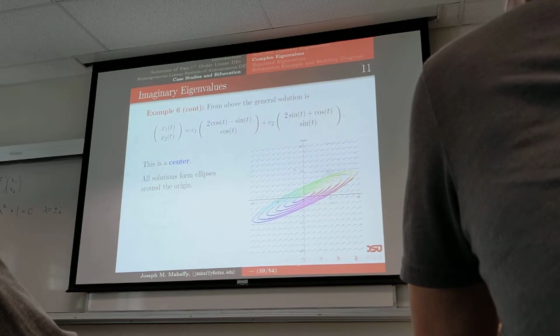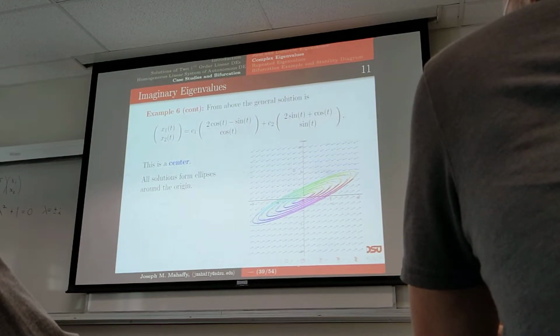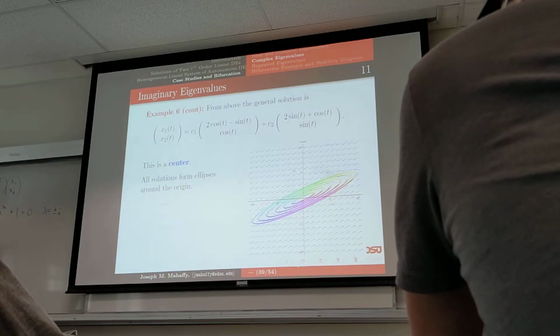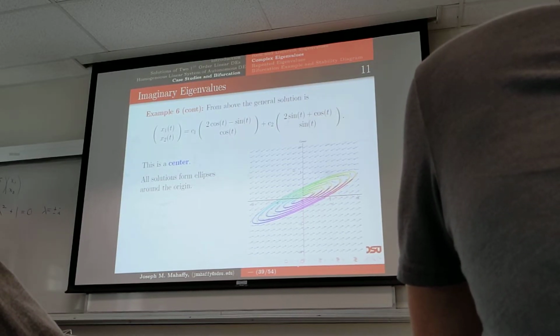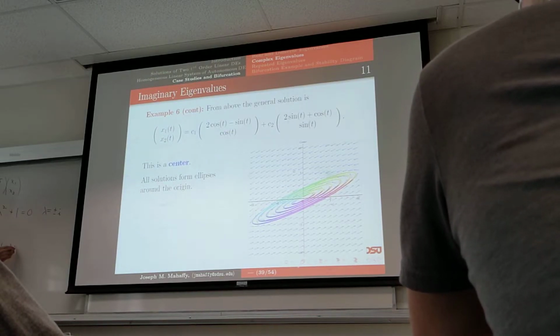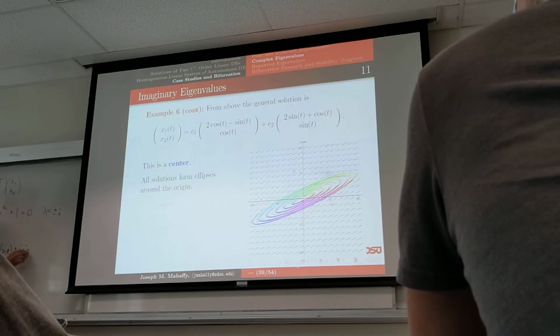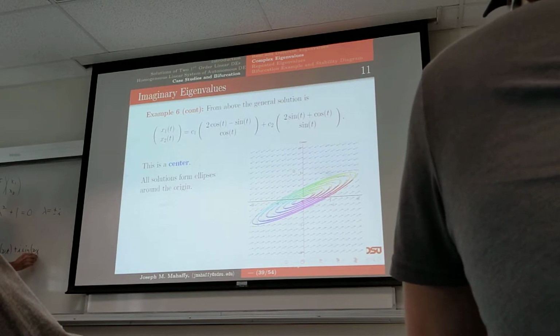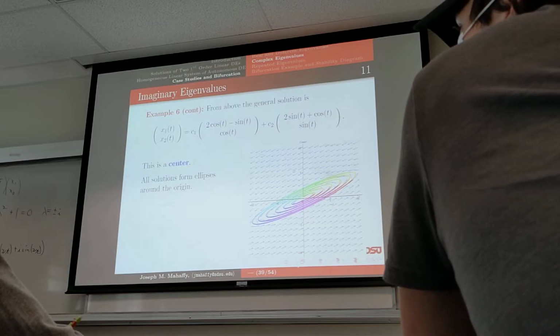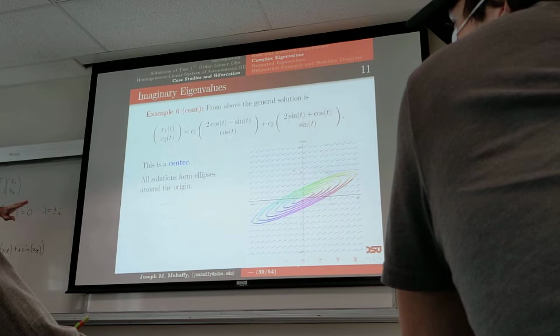So we've got Euler's formula that says e to the mu plus i nu, and if you multiply that by t, it's going to be e to the mu t times cosine of nu t plus i sine of nu t. Right? That's Euler's formula.